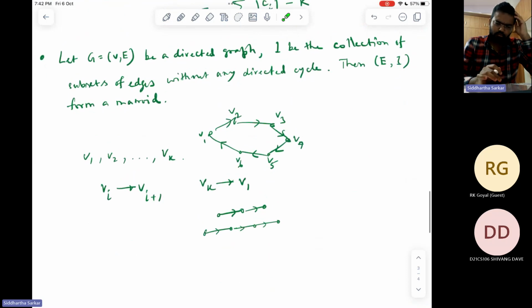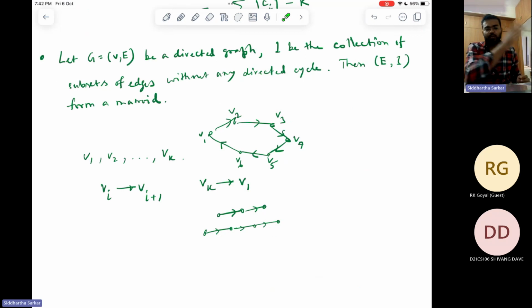So let's try to think in the other direction. Let's try to see if we can get a counterexample. If we can get a directed graph, and we identify two sets of edges, I1 and I2, such that there is no edge in I2 that is safe for I1, where safety is defined by the formation of a directed cycle.